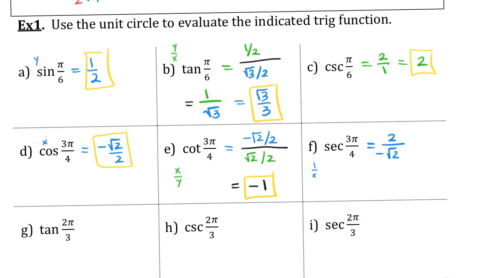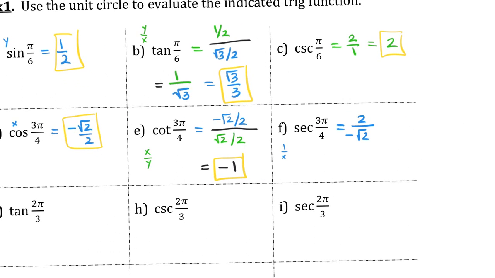If I rationalize this, I multiply by root 2 over 2. So I get 2 root 2 over negative 2, which is good, but now I can see I can cancel out the 2's. So if I do root 2 divided by a negative, I get negative root 2. So the secant of 3 pi over 4 is negative root 2.